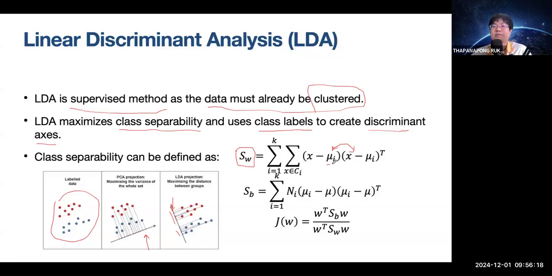So mu i belongs to the cluster Ci. Mu i is like what you get when you run k-means, a representation of the cluster. For each cluster, you compare the average vector, calculate the distance, and then sum up. So basically, it is the sum over every pair of points within the same cluster. Every pair of red points, you calculate the distance, and then you sum it up. That is your similarity score within the class.